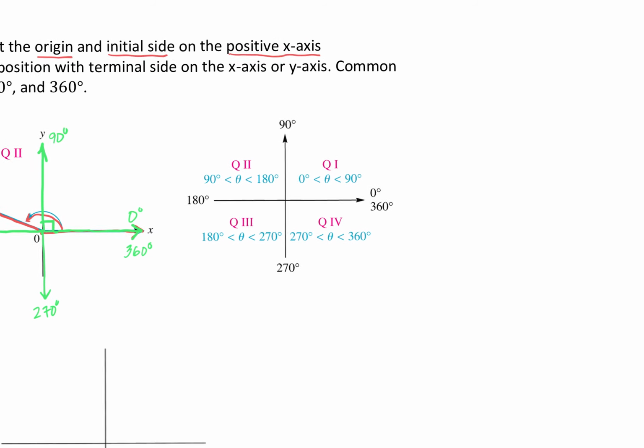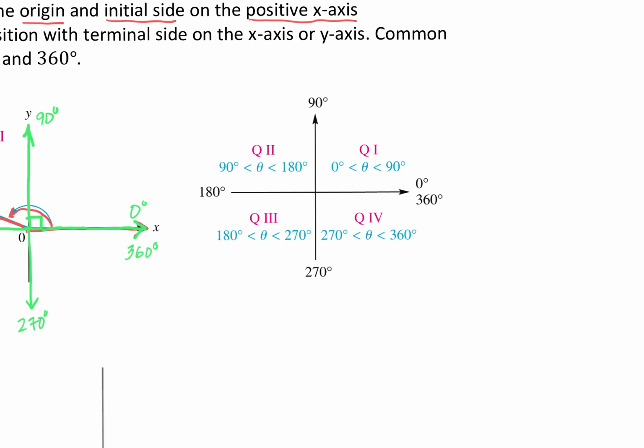And then this last diagram here is just a cheat sheet for common positive angles, and we're only looking at one rotation. So if an angle happens to fall, and again, standard position, in quadrant 1, its measurement would be from 0 to 90 degrees.